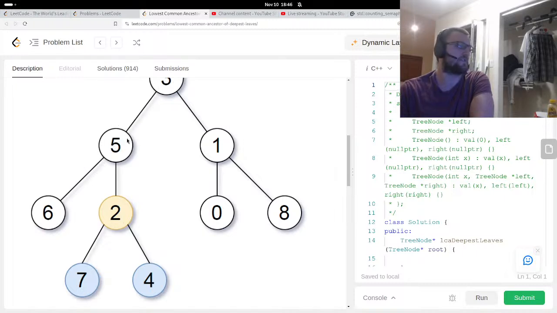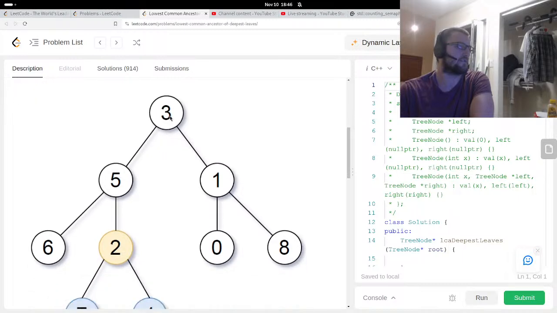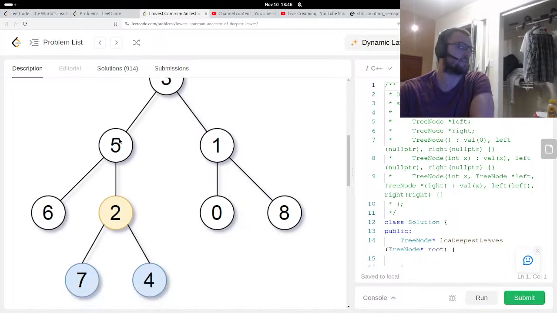How do I know it contains all of them? Well, the root node does. This one does. This one doesn't.